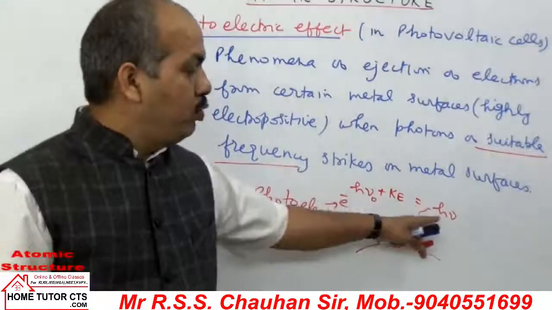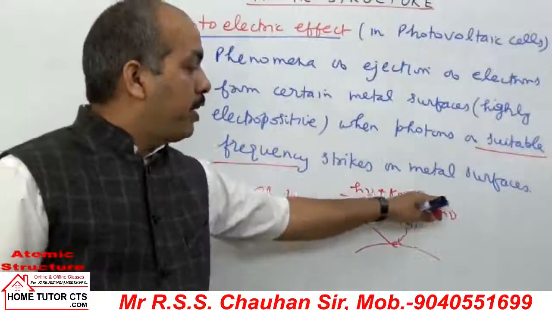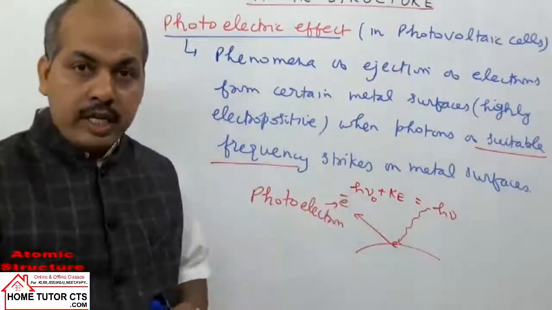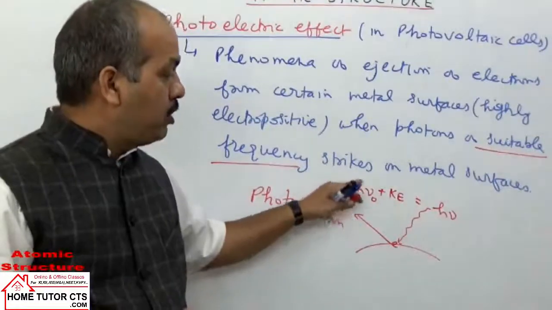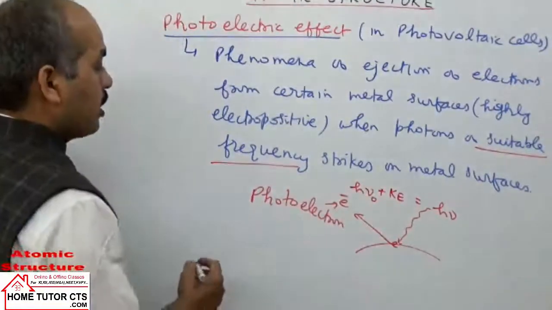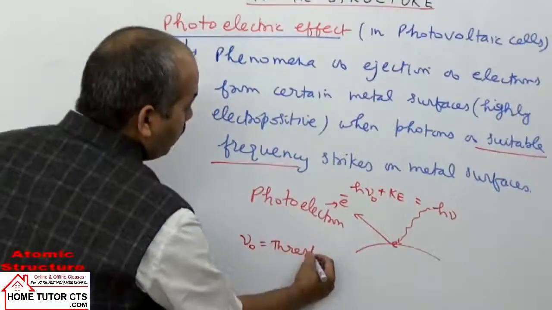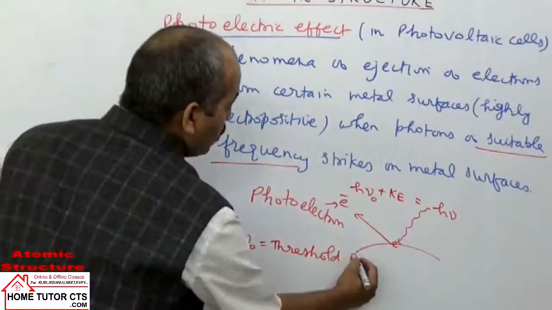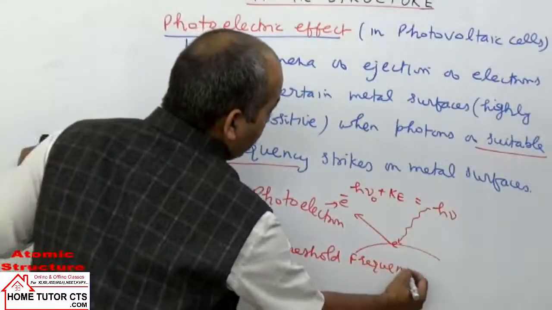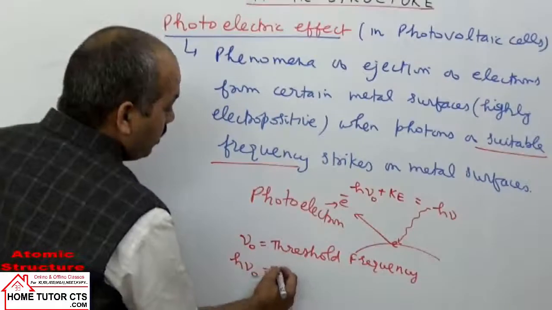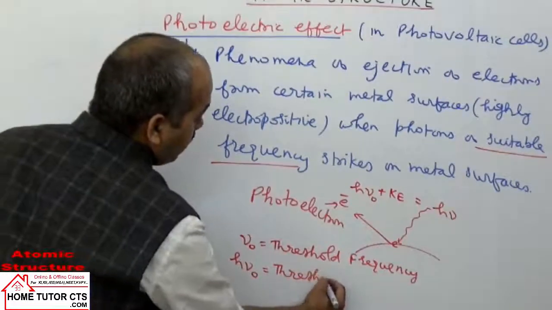In this case, nu naught is called the threshold frequency, and h nu naught is called the threshold energy.